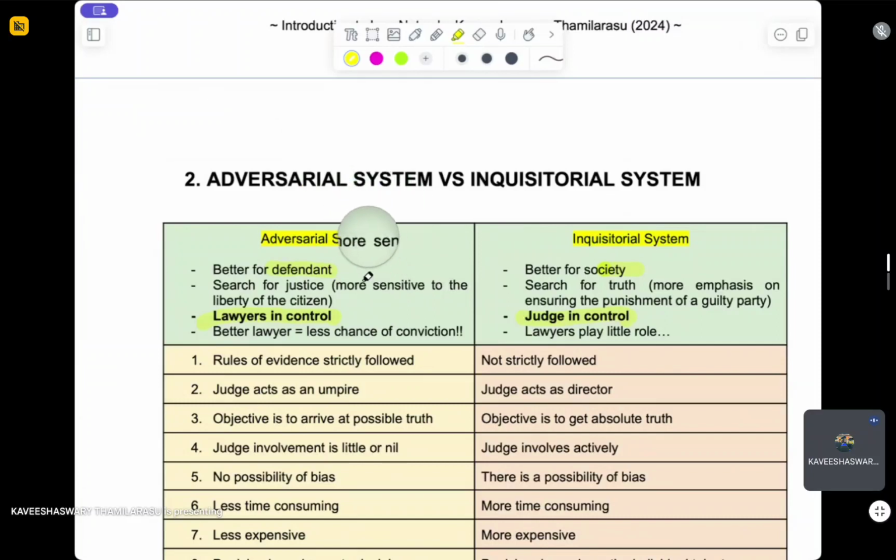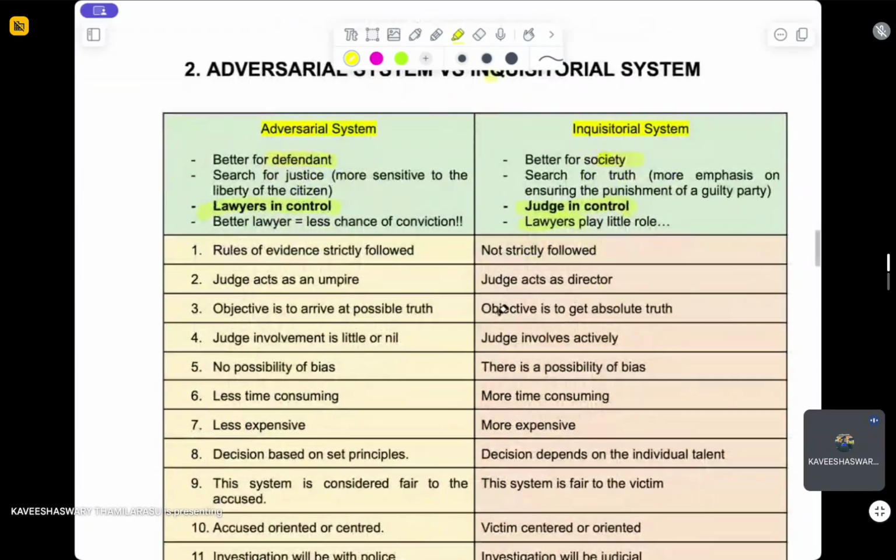Because the adversarial system is more sensitive to the liberty of the citizen, because the lawyer is fighting for the victim, so they are not being convicted under certain law. But in the inquisitorial system, there's more emphasis on ensuring the punishment of a guilty party. They focus more on the punishment, because lawyers don't really argue much. They just let the judge be the authority.